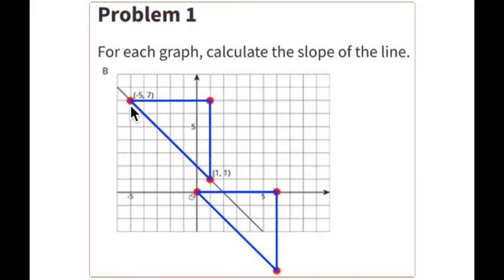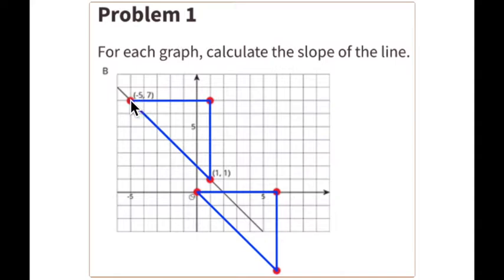So I'm sliding this point and this horizontal side of the slope triangle down to the x-axis, and this point down to the x-axis. So I'm subtracting this point from the coordinates for this point. So this is going to be 1 minus 7 and 1 minus a negative 5.